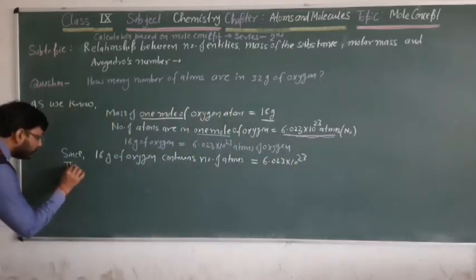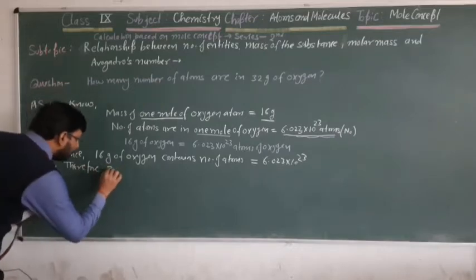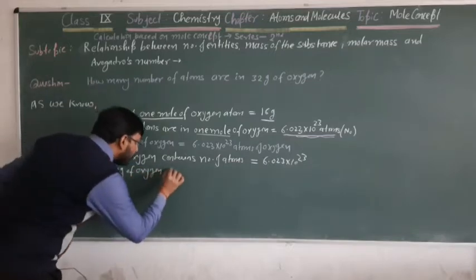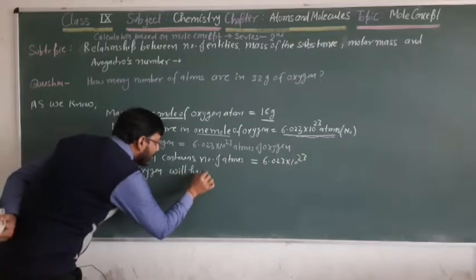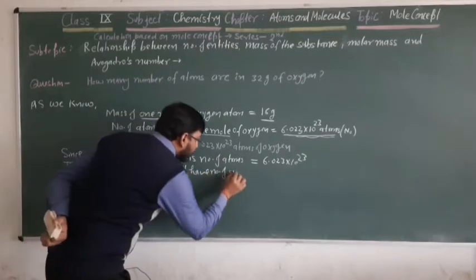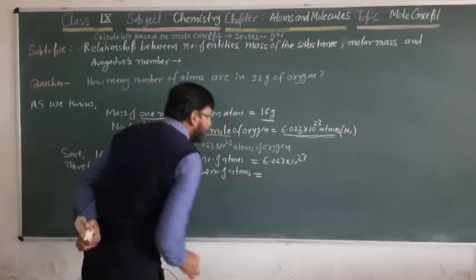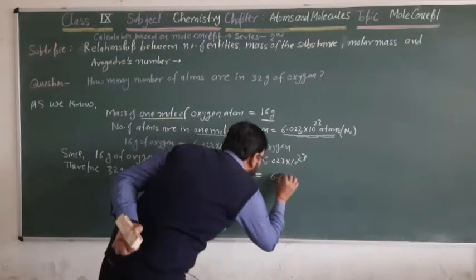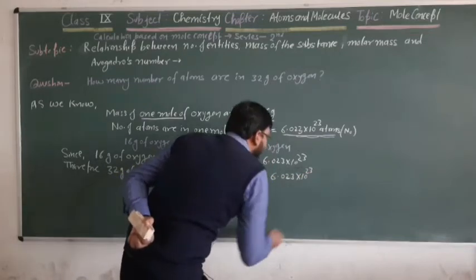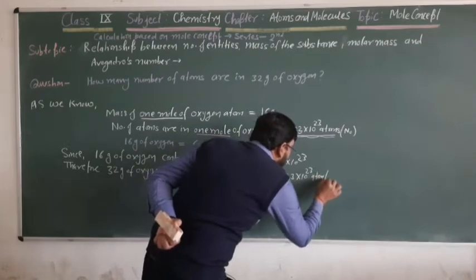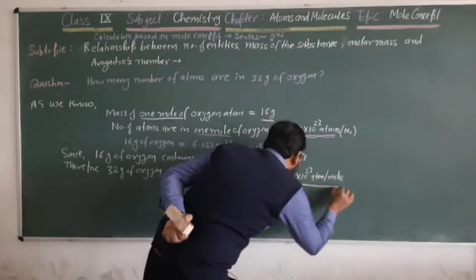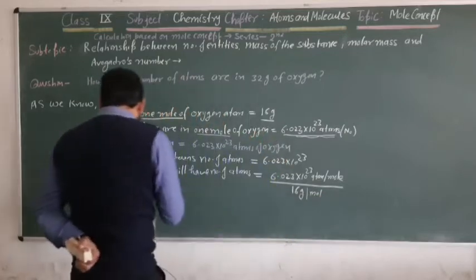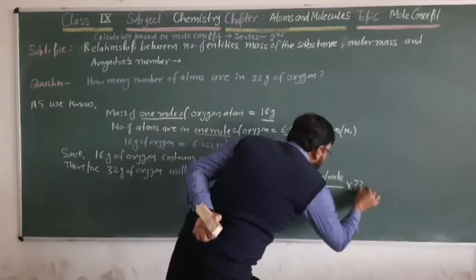therefore 32 gram of oxygen will have number of atoms equal to 6.023 into 10 to the power 23, this is the atoms per mole, divided by 16 gram, this is the molar mass per mole, multiplied by 32 gram.